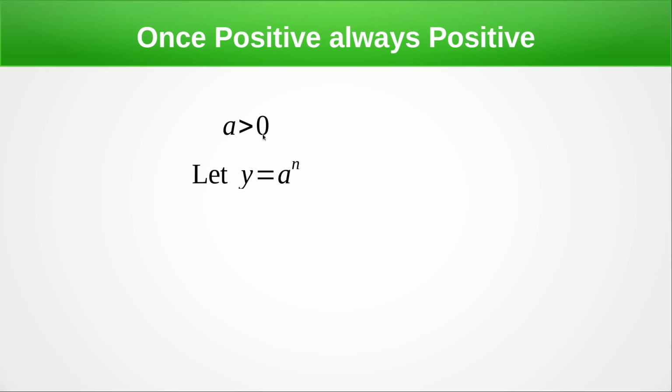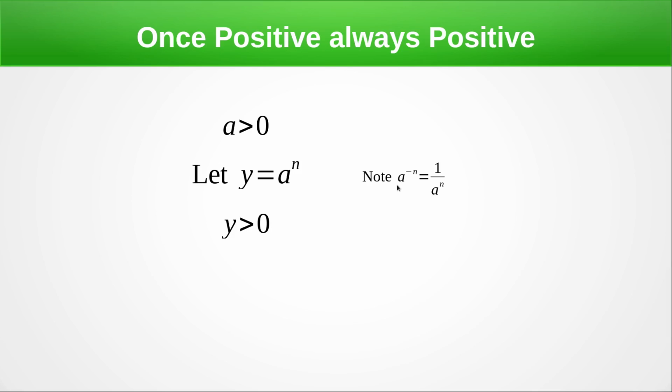So let's say that a is greater than 0 and we're saying y equals a to the n. Now, here we go, once positive, always positive. So if a is positive, no matter what value we give n, positive, negative, decimal or integer, the value of y will always be positive as well.